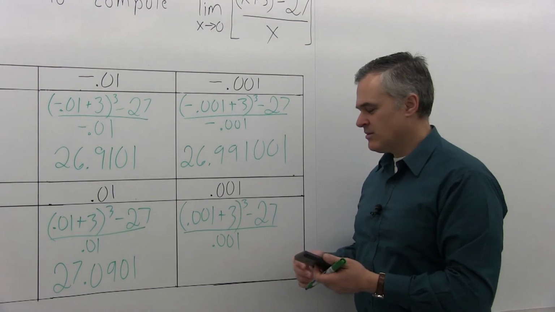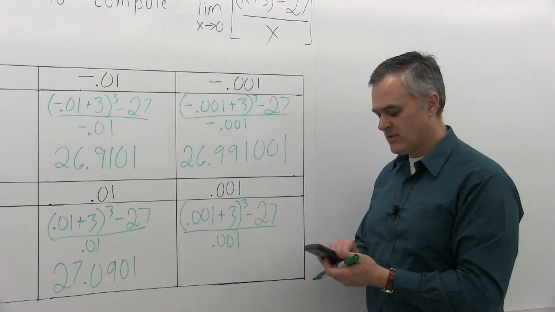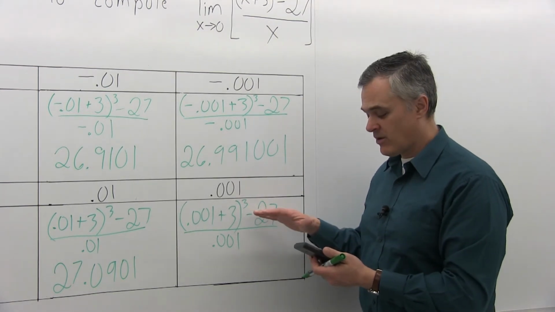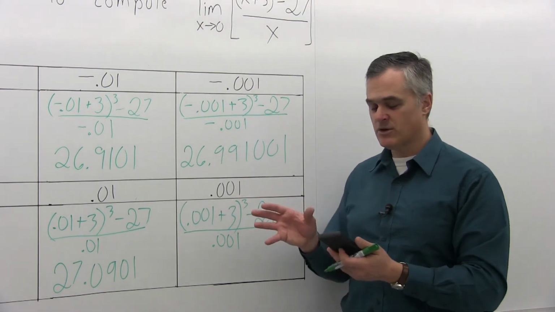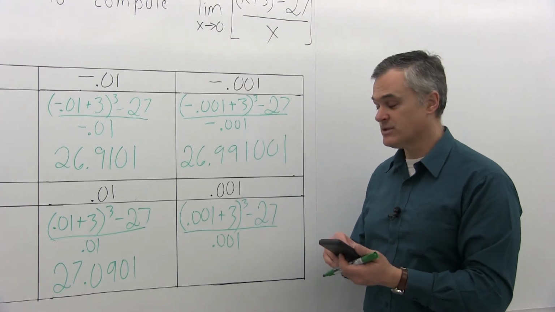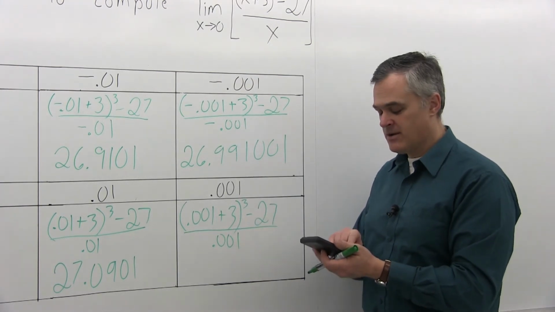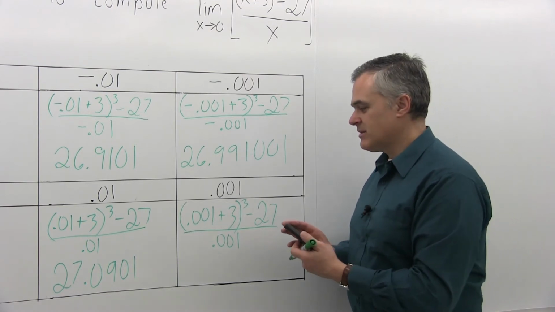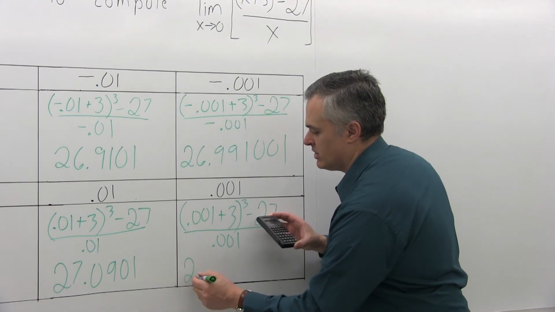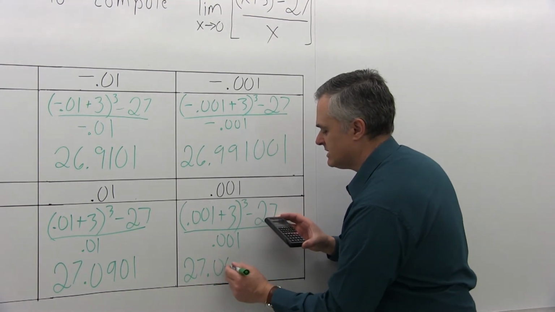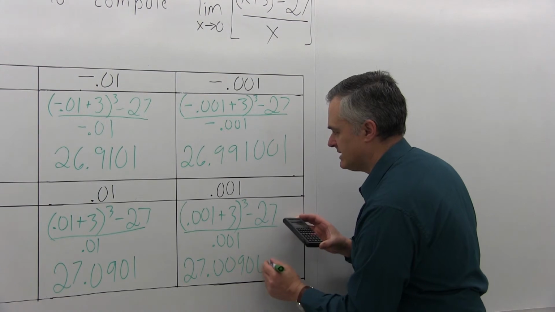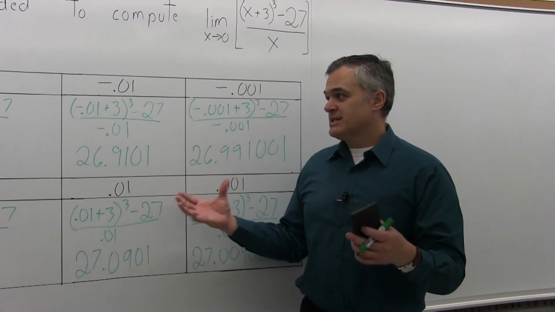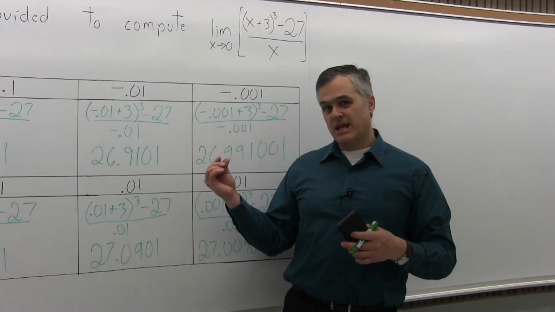I get an answer with a lot of decimals. I subtract 27 from my answer, and for the numerator overall I get 0.027009001. Divide that by the 0.001 in the denominator, and the answer comes out to 27.009001.